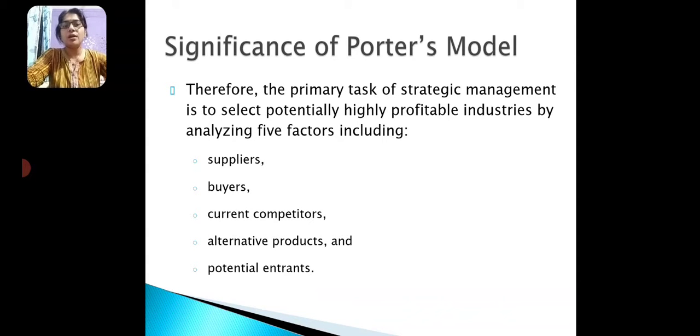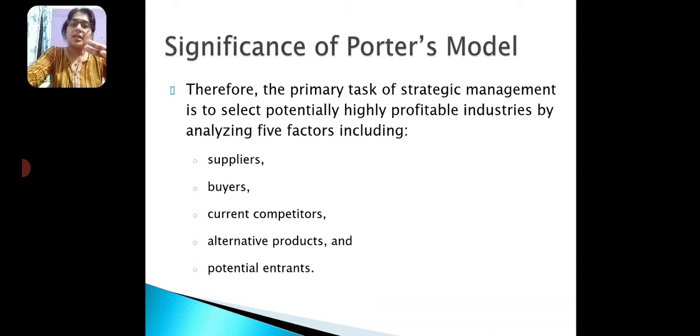So, when you are assessing the profitability of an industry, you have to look at 5 angles or 5 dimensions. What are the dimensions? The main factors of the industry are the suppliers of the industry, buyers or consumers of the industry, the competitors within the industry.